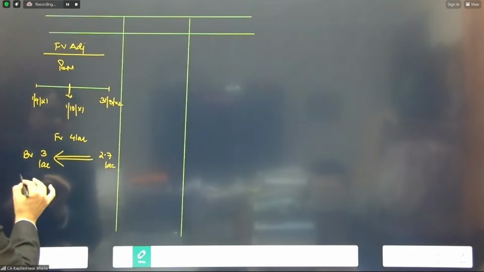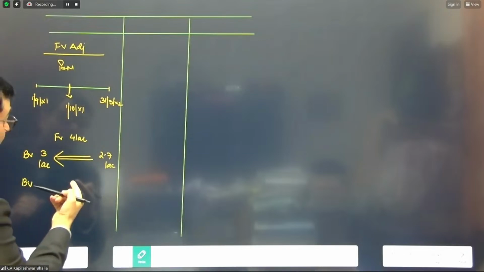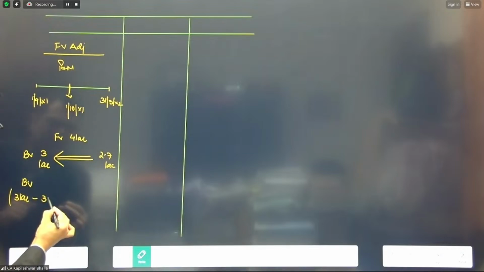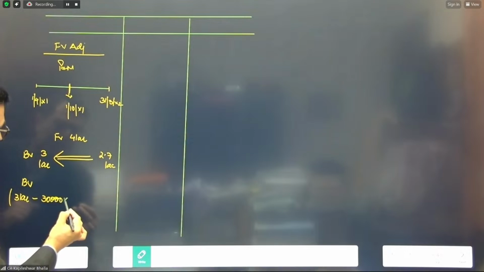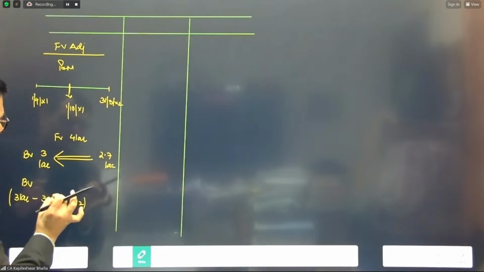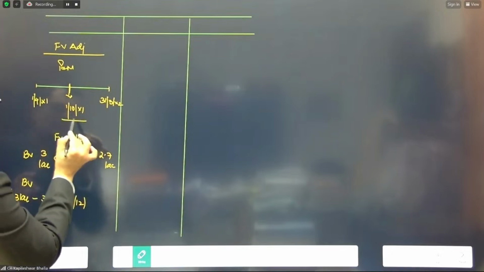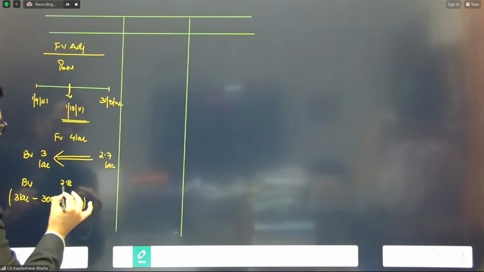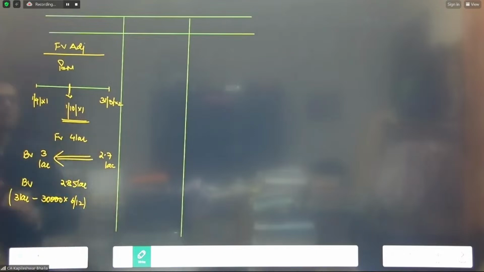And then we need to get the book value at the middle of the year. So from this 3 lakh, you're going to reduce a 10% depreciation, that is 30,000 for 6 months. Because we need to get the status of the book value on 1st October X1. So just take a 6 months depreciation, that is 2.85 lakhs.